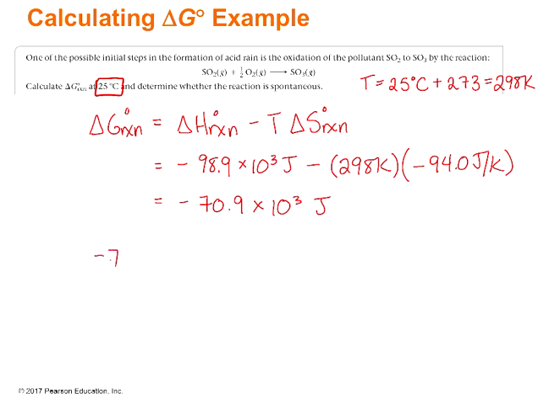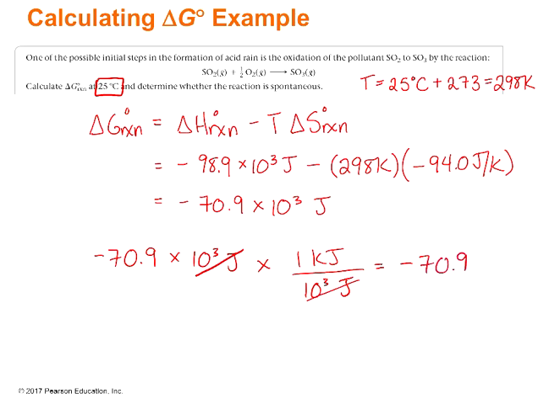So let's convert negative 70.9 times 10 to the third joules into kilojoules. Essentially here, 10 to the third joules will cancel and we'll get negative 70.9 kilojoules.